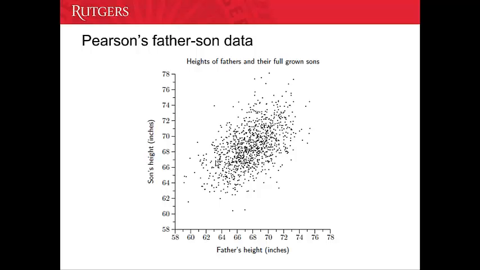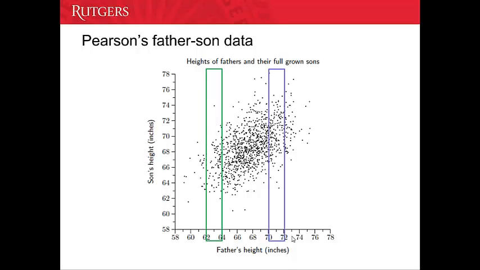First, let's take a look. We choose a portion of the fathers with a height from 62 to 64, and we choose another portion where the father's height is from 72 to 74. We choose those two portions.